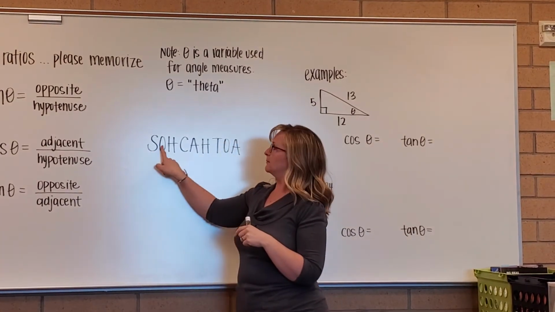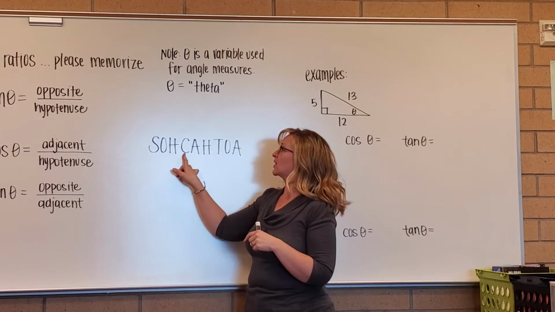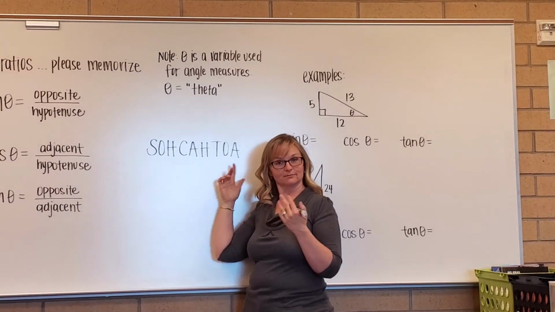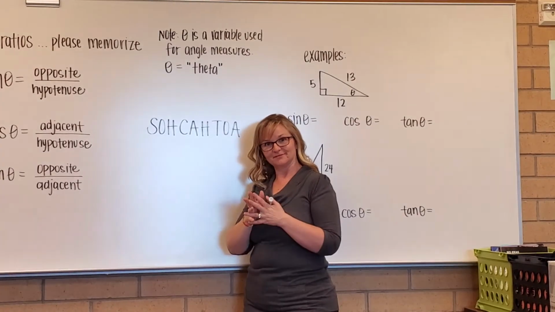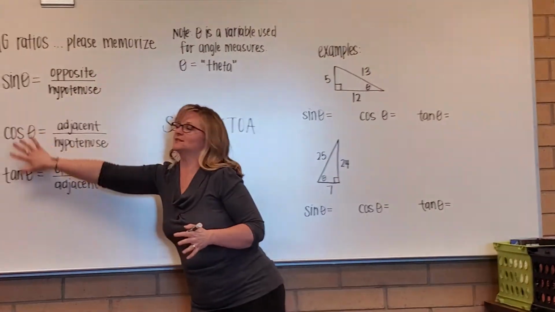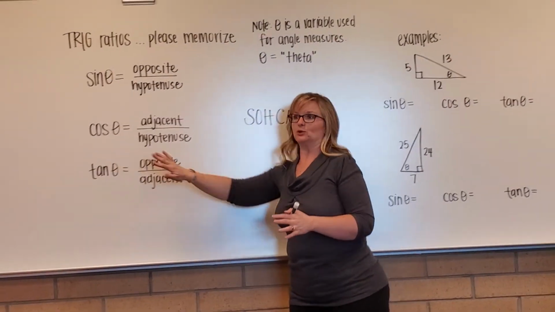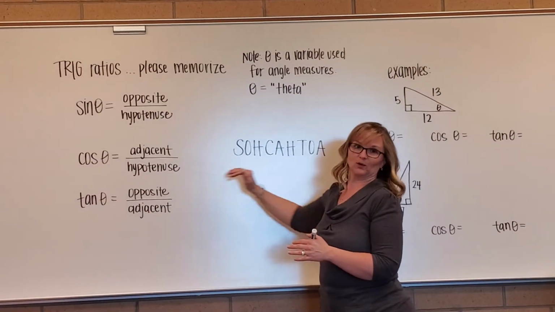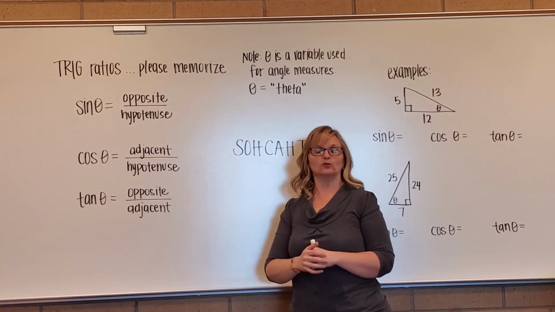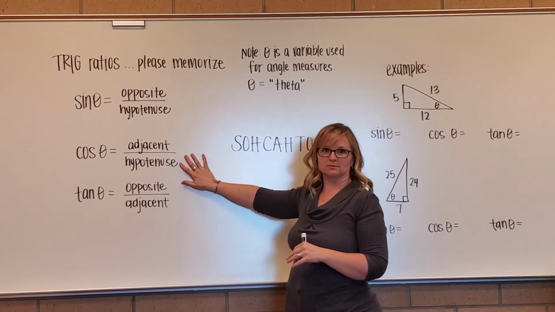So we've got some old hippie caught another hippie tripping on acid. There's an option. Okay, no matter what, you need to memorize this. And if that means that you have to write Sokotoa or some old hippie caught another hippie tripping on acid at the top of your paper every time, go for it. But you do need to have this memorized.